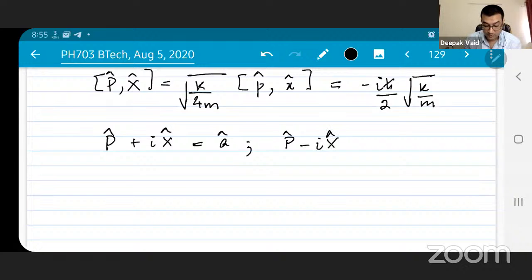Now, if you remember, momentum is a Hermitian operator, with the caveat that it applies only to L square integrable functions. It's Hermitian only on square integrable functions. And position is also a Hermitian operator.